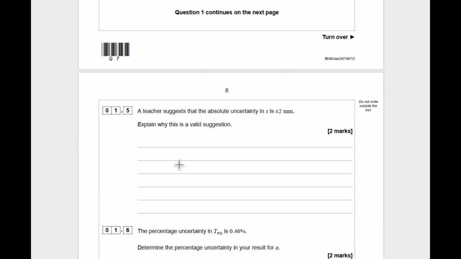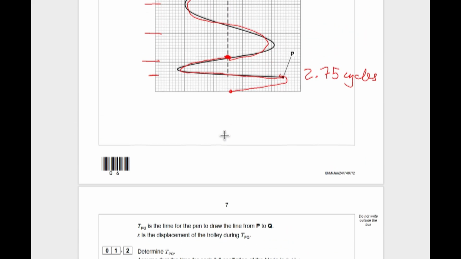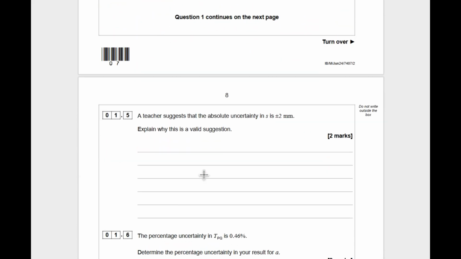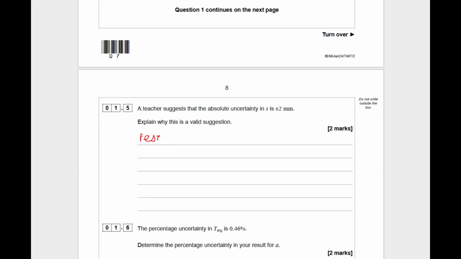So the teacher suggests that the absolute uncertainty in S is plus or minus 2 millimeters. Now, what you've got to do is look at what's the resolution of this paper. It looks like each box is 2 millimeters. So the resolution is 2 millimeters. So therefore, the uncertainty is plus or minus half the resolution.